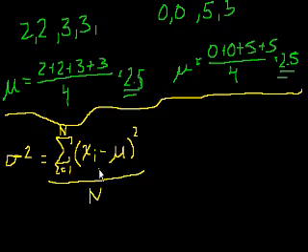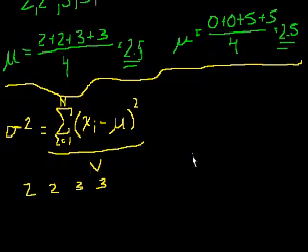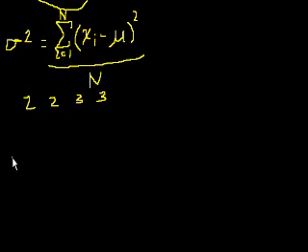Now that might seem like a very complicated notion, but let's calculate it for these two data sets. So here, let me rewrite that first data set. It's 2, 2, 3, and 3. So, let me write it this way. I think this will help explain it a little better.